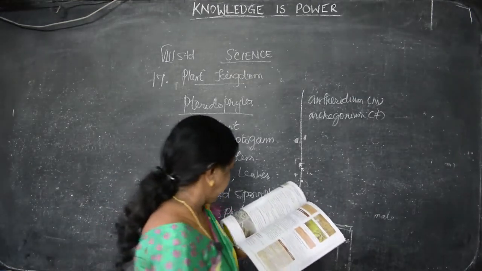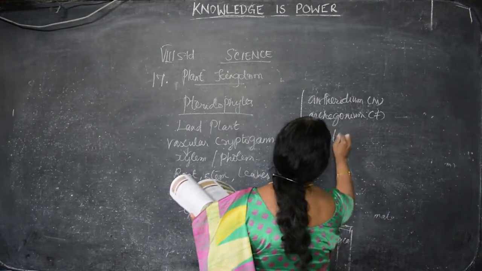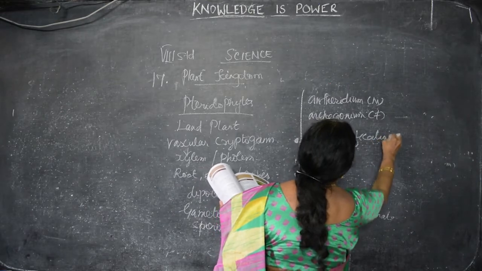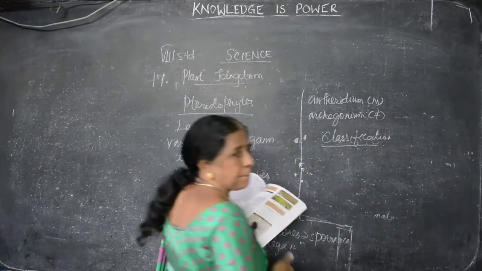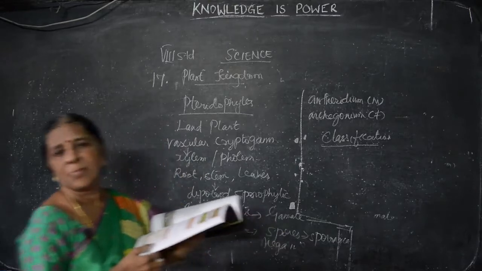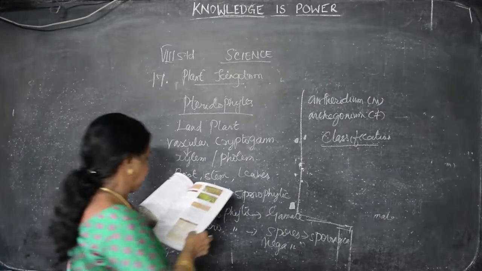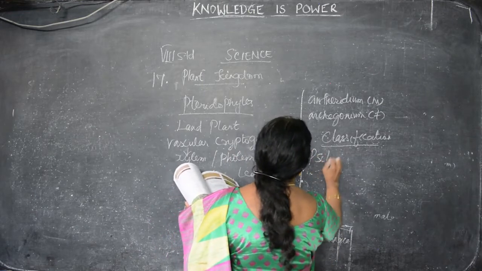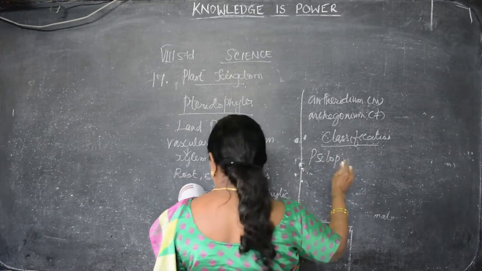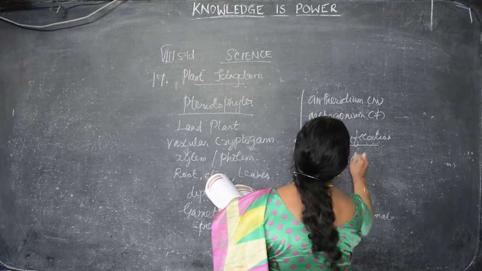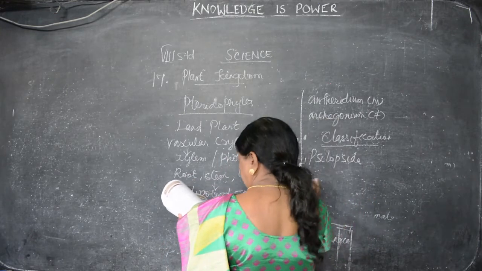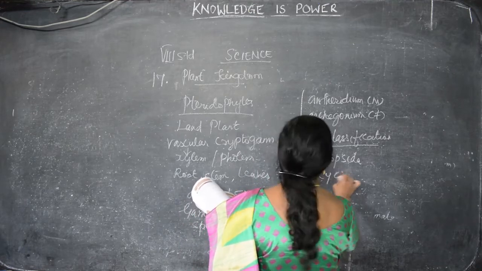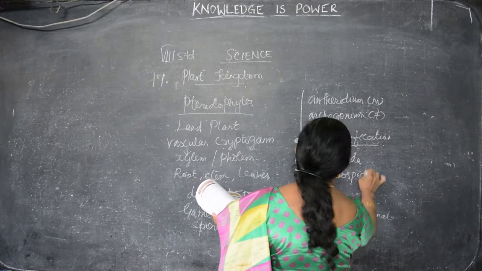There are 4 classifications. First one is Xylopsida. Second one is Lycopsida.